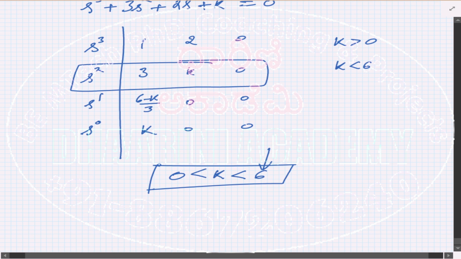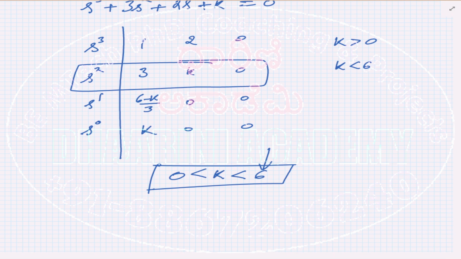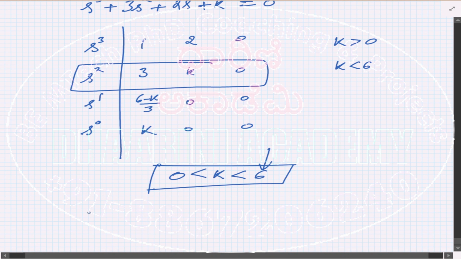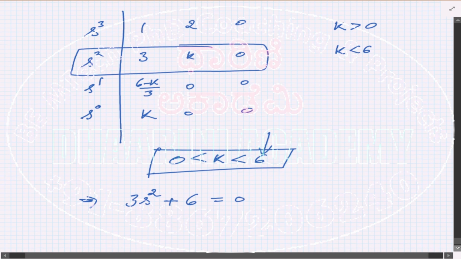You take that particular row from the table, put the value of k as 6, and write an equation. So what is that equation? The equation is 3s squared plus 6 equal to 0. Are you okay? Right. Now you solve for s.